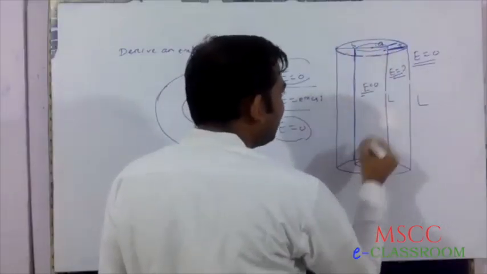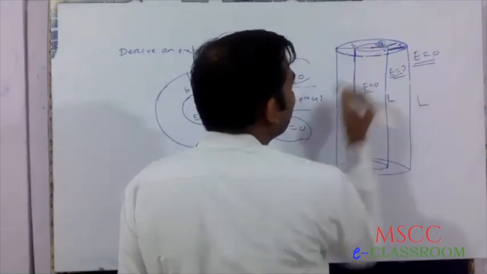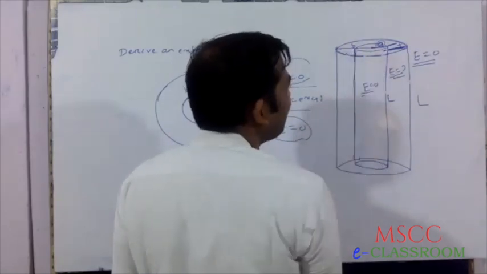Length of cylinder be L, inner radius small a, outer radius small b.